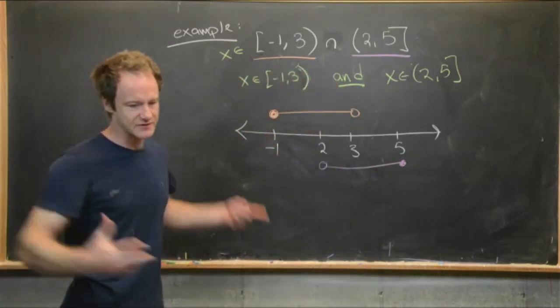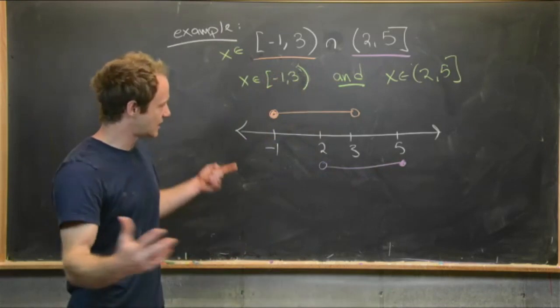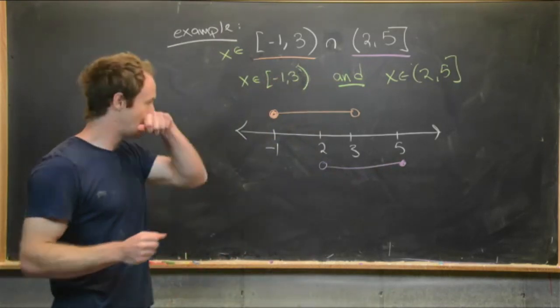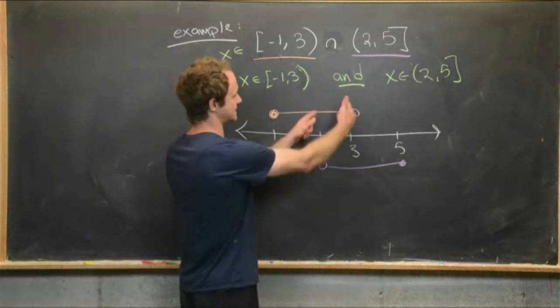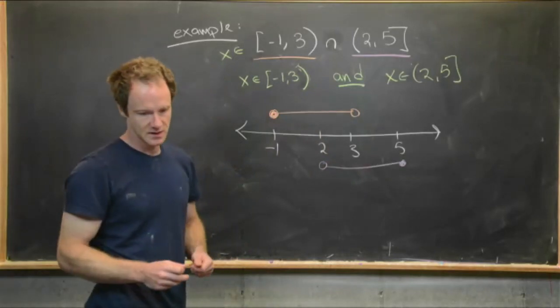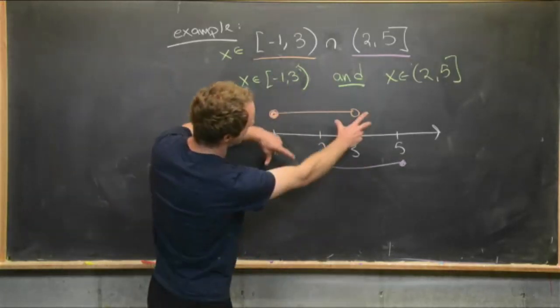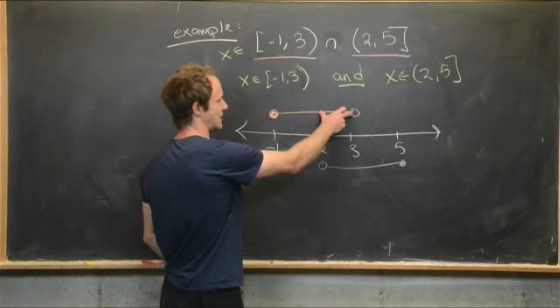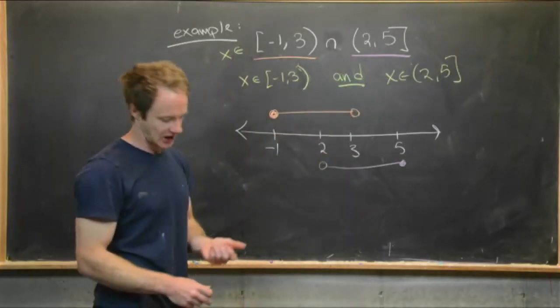But now instead of joining these together and looking at everything that's shaded by either, we want to look only at the parts that are shaded by both the peach and the purple.